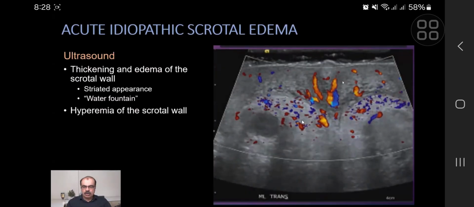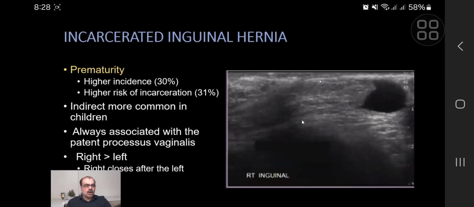Now moving to the inguinal region, the other pathologies include the incarcerated inguinal hernia. It is more likely to occur in a premature patient because of the patent processus vaginalis, which leads to herniation of bowel loops, and that can lead to incarceration, obstruction and other pathologies.